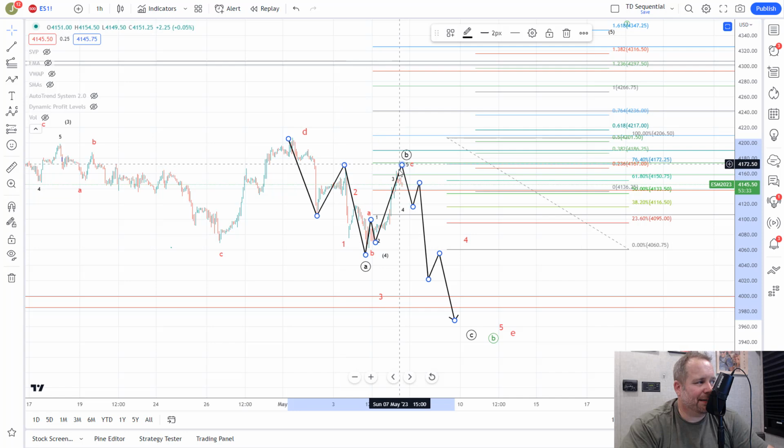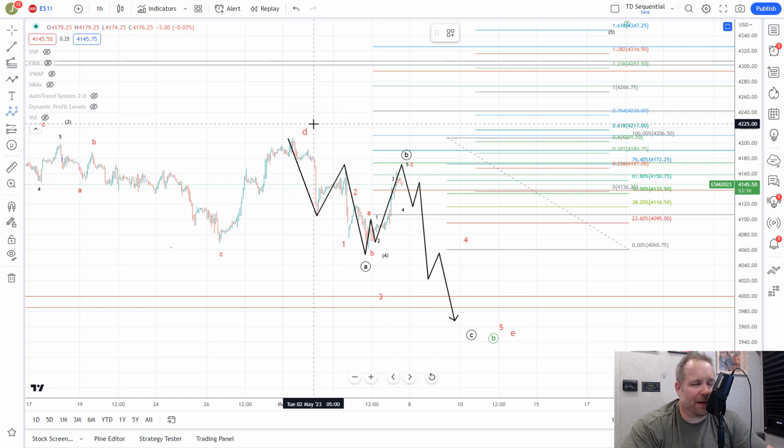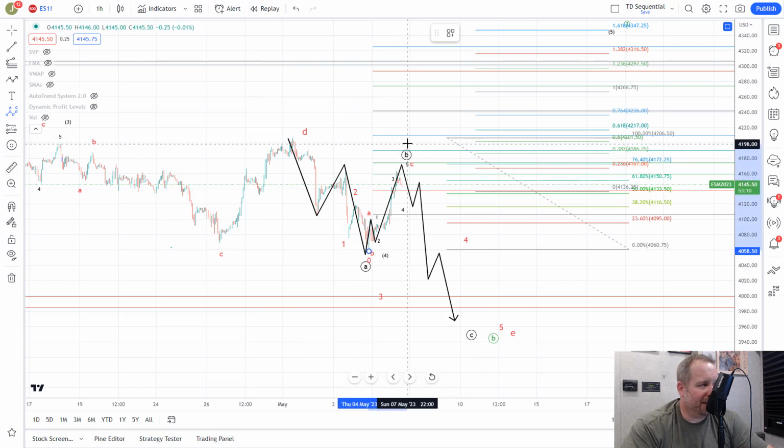Now, should we see the start to an ABC overlapping structure here where it gets very corrective? And by corrective, that means it doesn't follow Elliott's rules. There's too much overlap and it's not an impulsive structure. If we should see that, then it is possible for us to have an ending diagonal happening here, where we are looking for this move up to be an A wave that continues a little bit higher than we're at now.